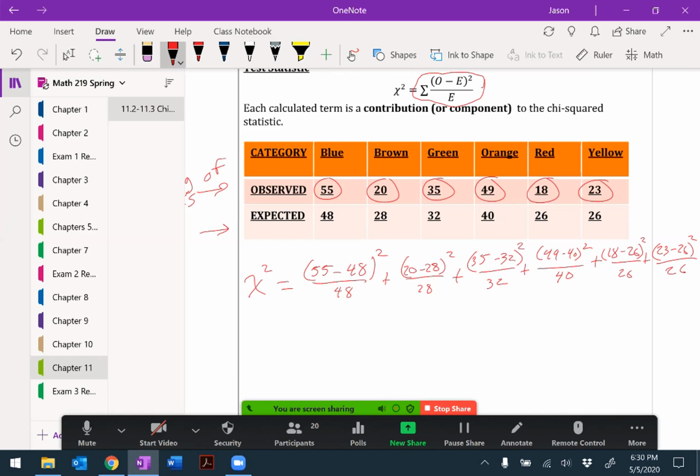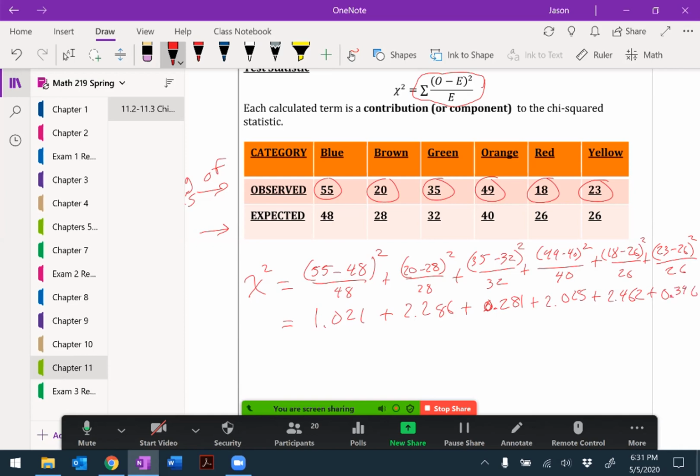Okay, if I were to plug this into a calculator, I would get, for the first one, 1.021, plus the second one here. If I square this and divide by 28, I get 2.286, plus 0.281, plus 2.025, plus 2.462, plus 0.346.